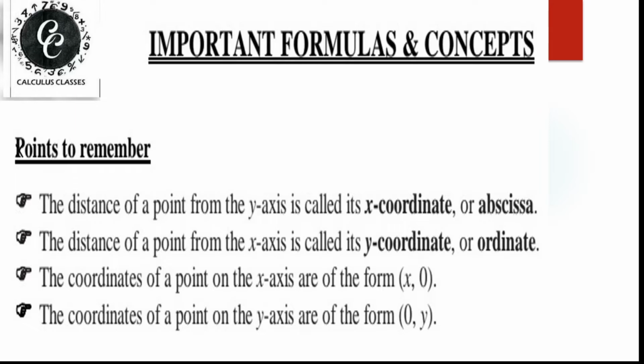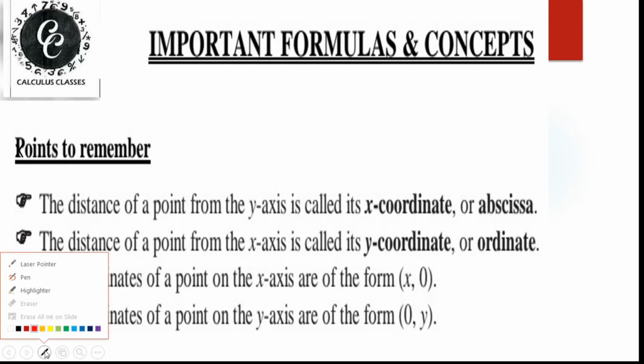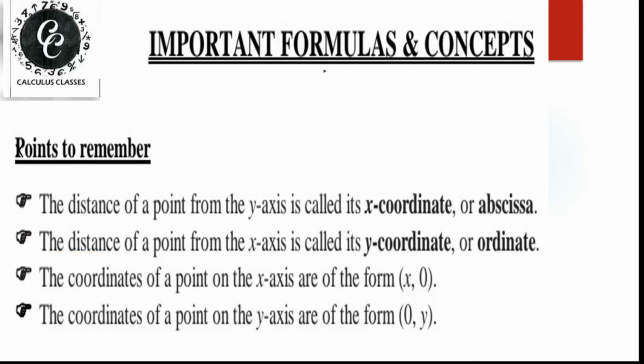As you know somewhat about coordinate geometry from class 9th, you learned how to plot a point in the coordinate system and how we find the location of a particular point.